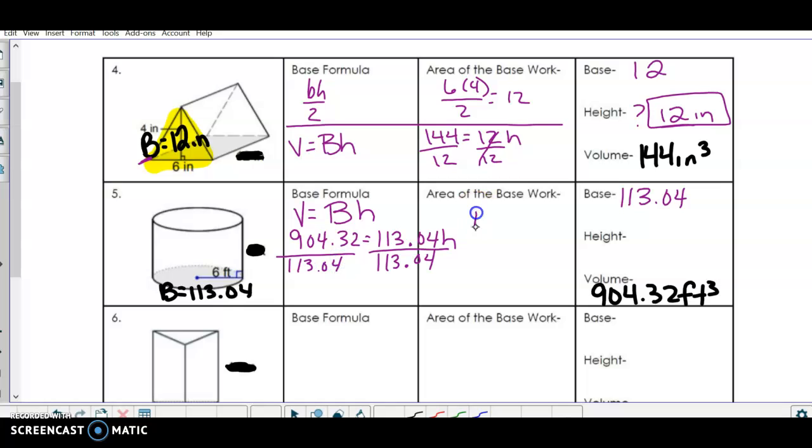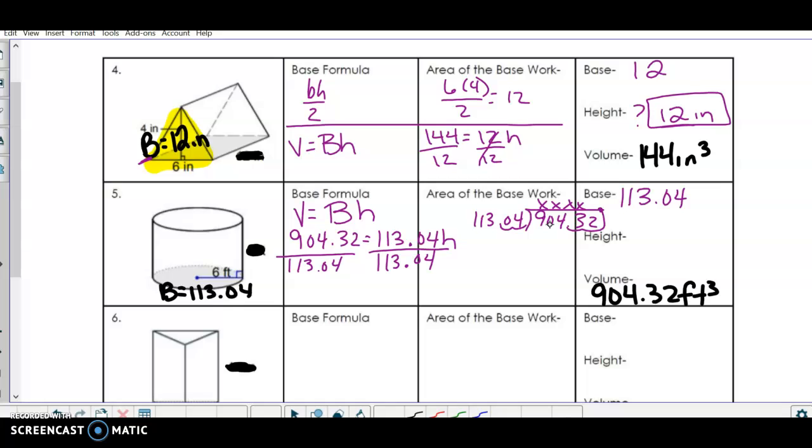And when we do that, 113.04 into 904.32. Looks like it's going to be a big number, but not really, because all of these are zeros till we get to here. So essentially 11 times something is close to 90.